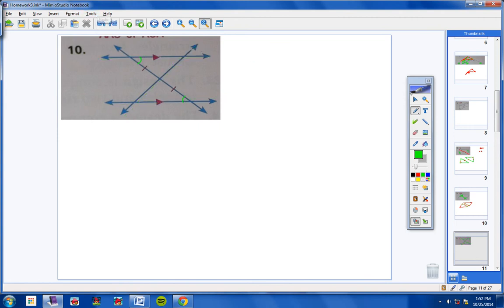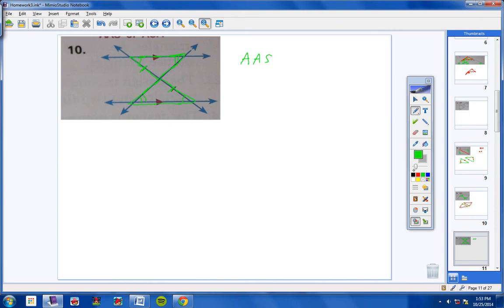So it looks like to me for this triangle here, we have angle, angle, side, congruent to angle, angle, side. And so these two triangles are congruent by angle, angle, side.